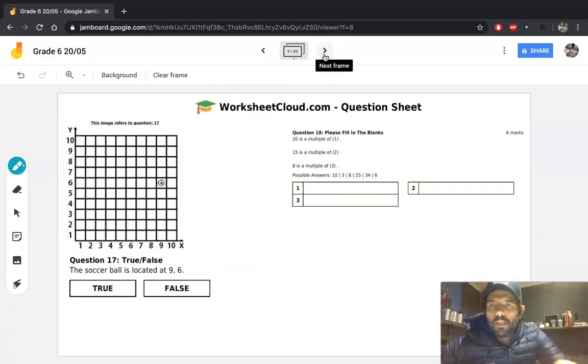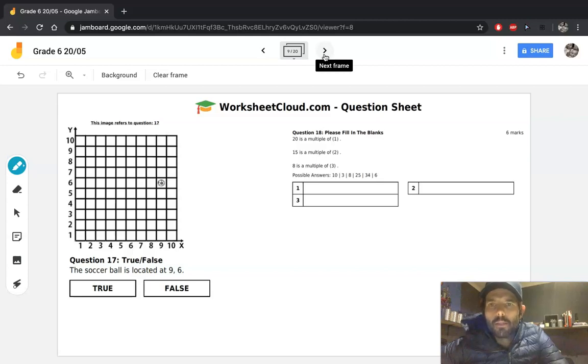So question 17, they give us a grid, and now they've labeled the x and the y axis. So they've asked you true or false. The soccer ball is located at 9 and 6, not 9,6, but 9 and 6.